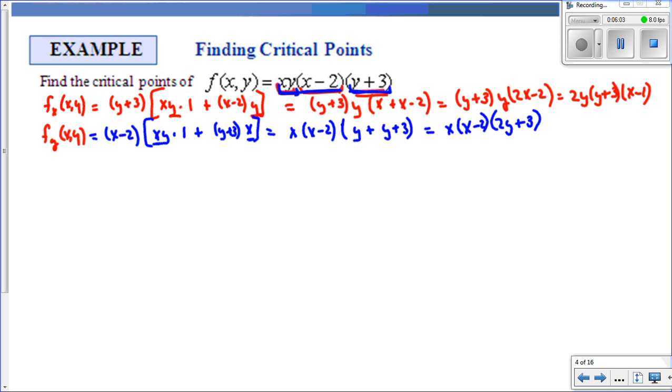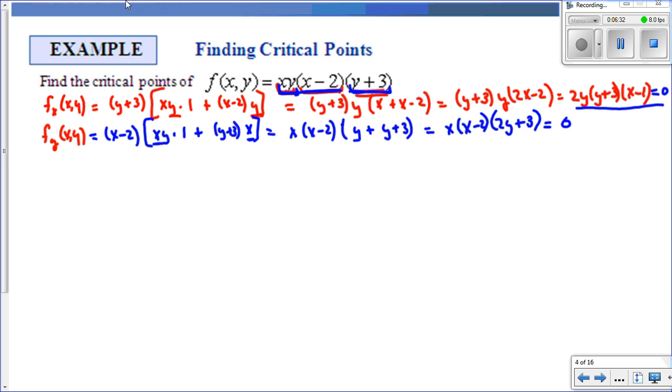Now, you want to find where both of these are equal to 0. So I want to know what values make the partial with respect to x 0 and the values that make the partial with respect to y 0. Okay, when you're solving this kind of a system of equations, take one of the equations first. I'm going to take this one, and I'm going to find all possible ways that that left side can be 0.